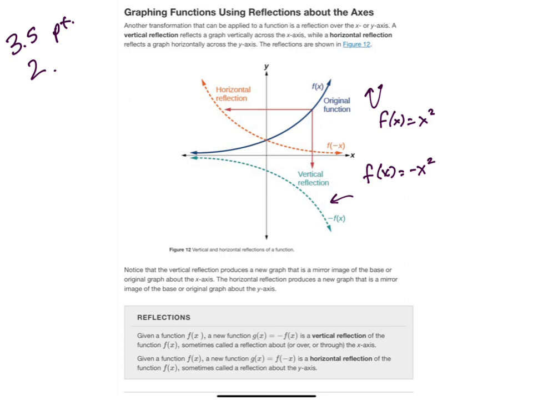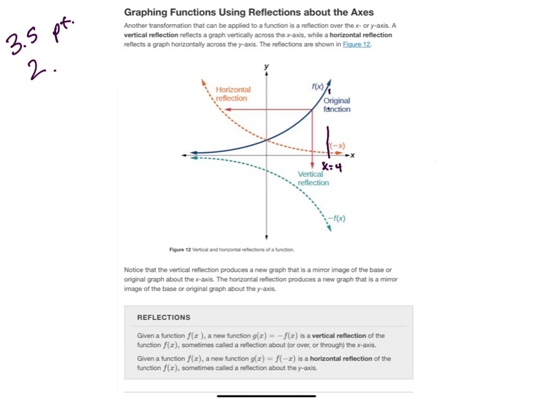Okay? The other kind of reflection, and we won't spend very long talking about, is horizontal reflections. Horizontal reflections. That's a reflection over the y-axis. What happens here is all of your x values are negative. So what I have possibly at, let's let this be x equals 4.